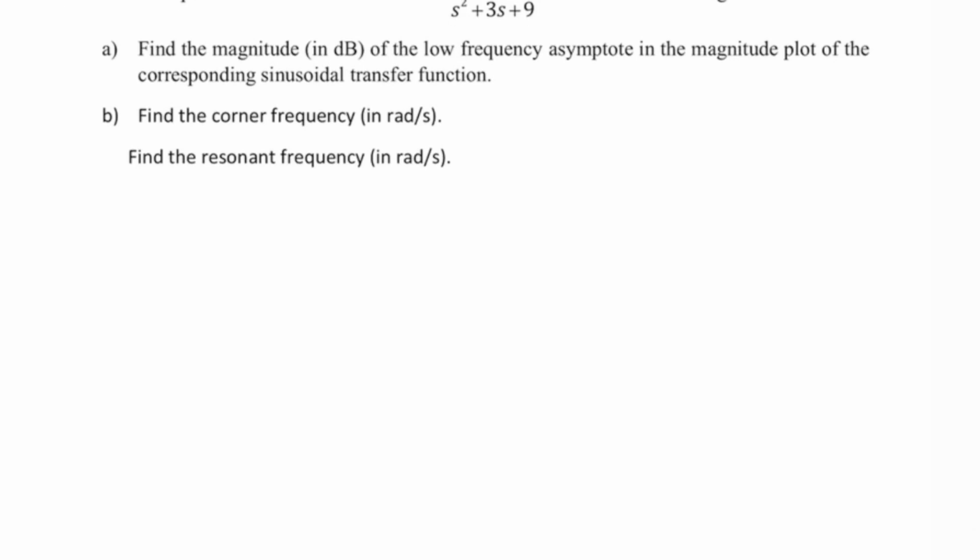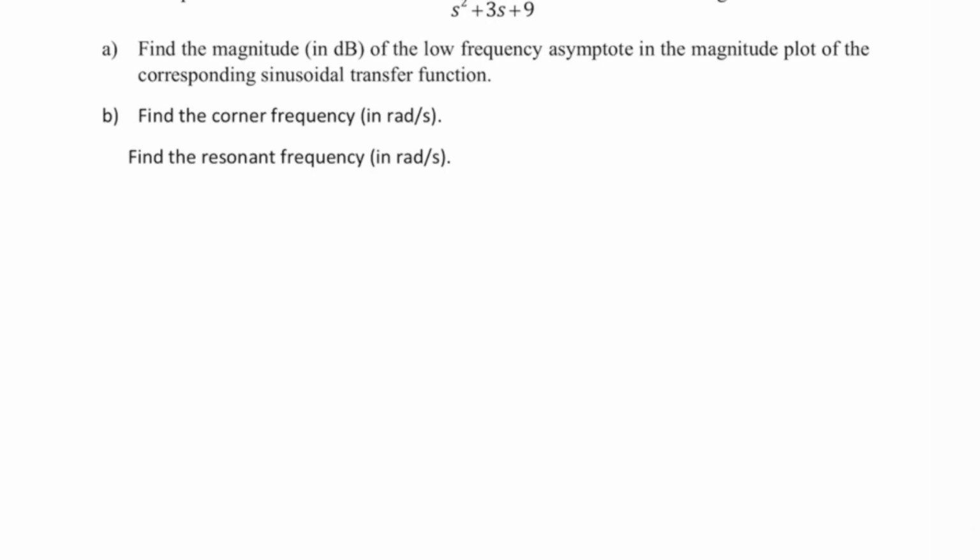Now let's move on to the second problem for today. We have a plant whose transfer function is given as 1 over s square plus 3s plus 9, and we have to find the following things.